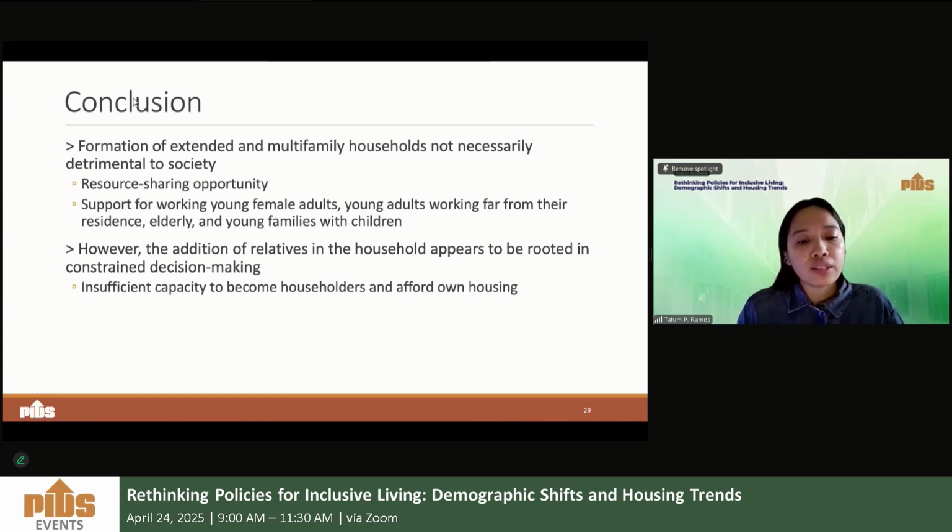So we saw from the findings that young adults had insufficient capacity to become householders and afford their own housing, which is why they have joined or built these extended and multifamily households. So, given the findings that we had from this study and the study that was presented earlier, I'd like to pass on the floor to Dr. Ballesteros to provide some recommendations.